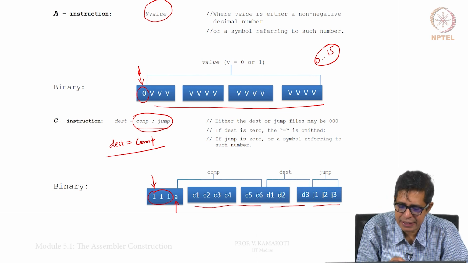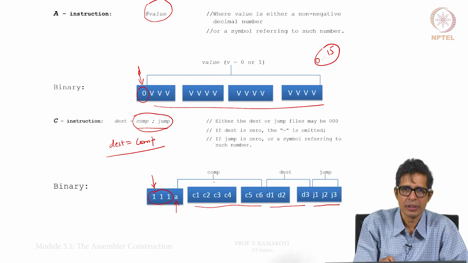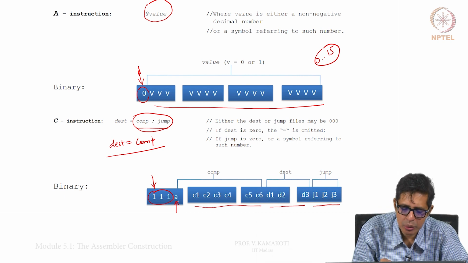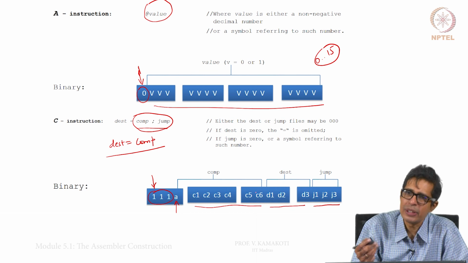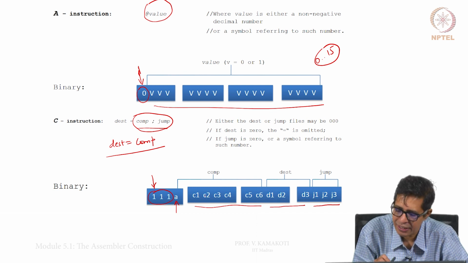The binary is of this form: the first 3 bits are 1 1 1, then the A bit, and 6 bits for the computation. The A bit tells where the source operand is, and C1 to C6 tell what we need to do with the source operand. We have already seen that in detail.